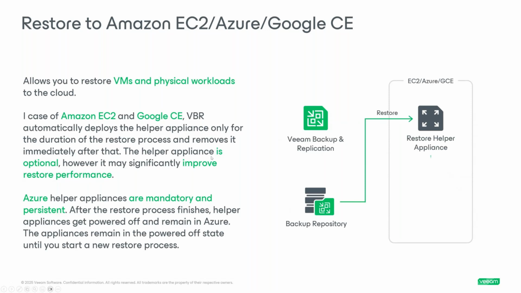This is the process to restore into Amazon. This will allow you to take the backup file using a restore helper appliance to restore it into a cloud VM.